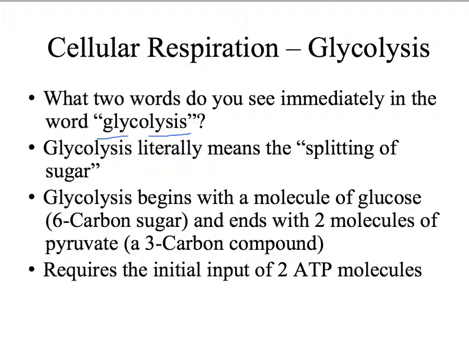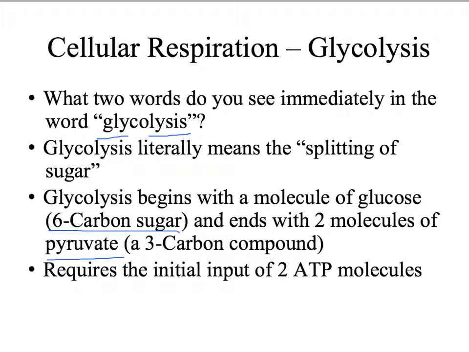Glycolysis begins with a molecule of glucose, which is that 6-carbon sugar, and ends with 2 molecules of pyruvate, which is a 3-carbon compound. It does require an initial input of 2 ATP molecules. Remember when we talked about activation energy in chapter 2? Think of it like that.